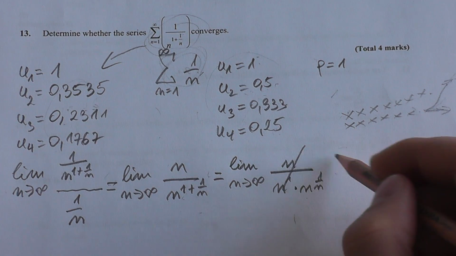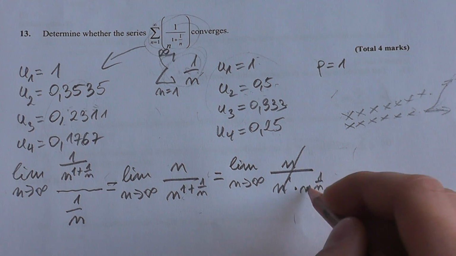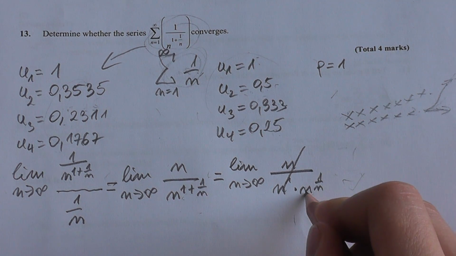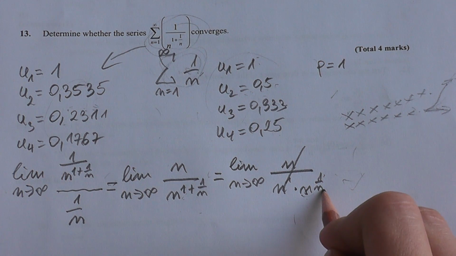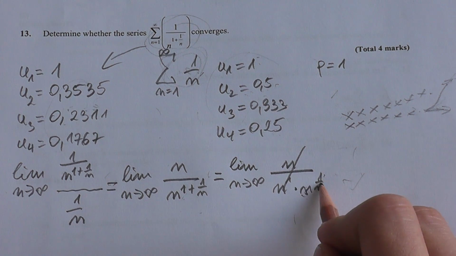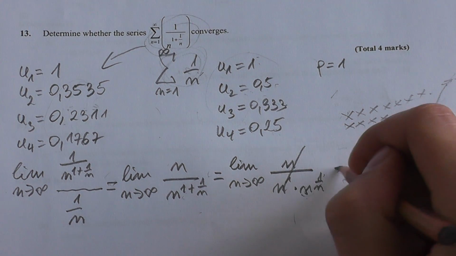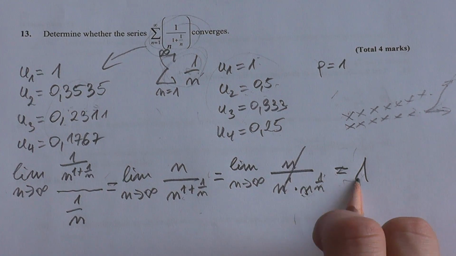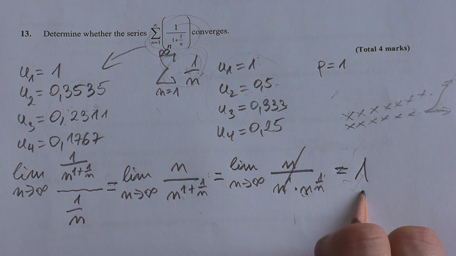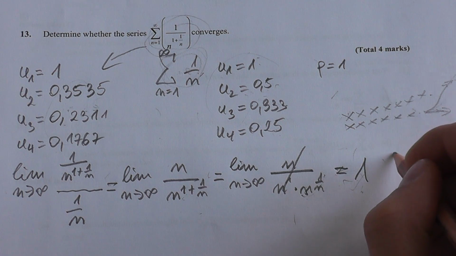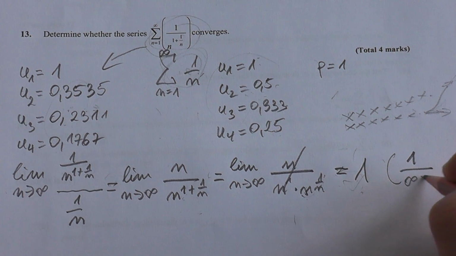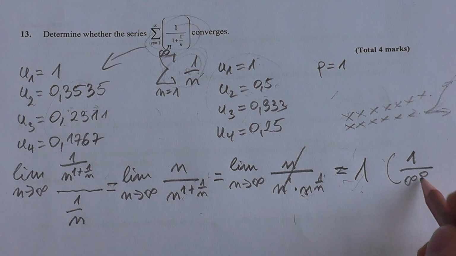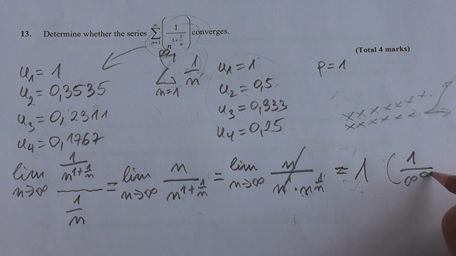And what you're left with is 1 over infinity raised to the power of 1 over infinity. So infinity raised to the power of 0, which is then 1. See, tricky. So actually you're left with 1, because infinity raised to the power of 1 over infinity is the same as infinity raised to the power of 0.